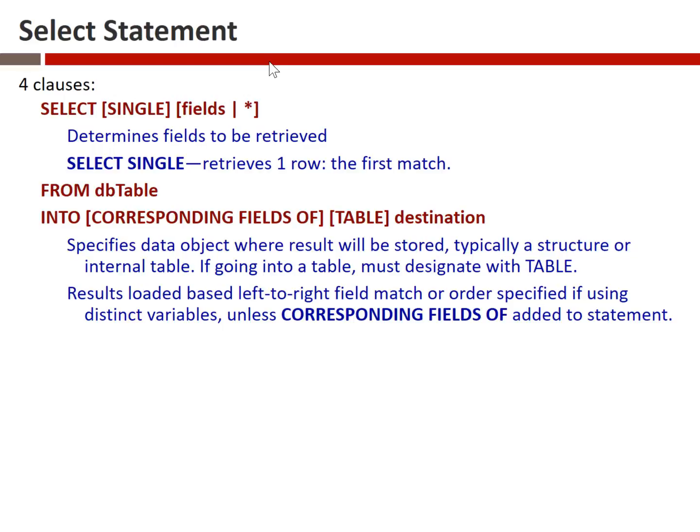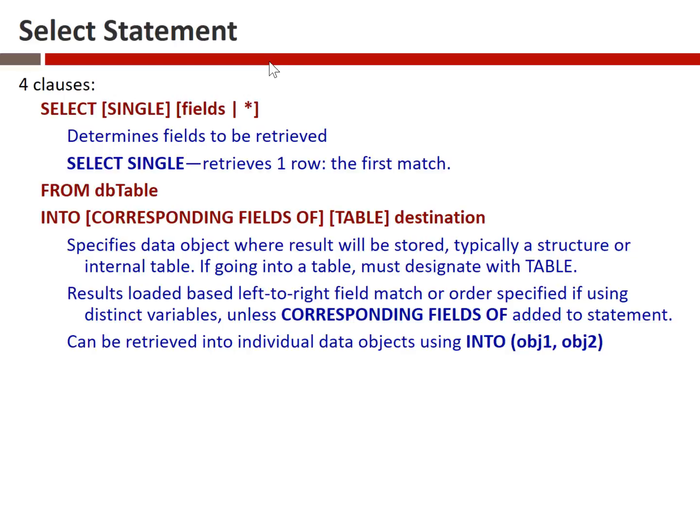So whatever I listed up here, if I listed the fields, is going to be the order that it's going to expect the internal table or the structure to match up to, but I don't want to rely on that coincidental correctness. That's why corresponding fields of is always a recommended part of that statement. So we have four parts: the select part, the from part, the into part. Oh, if I'm going to retrieve into individual data objects, I can do this.